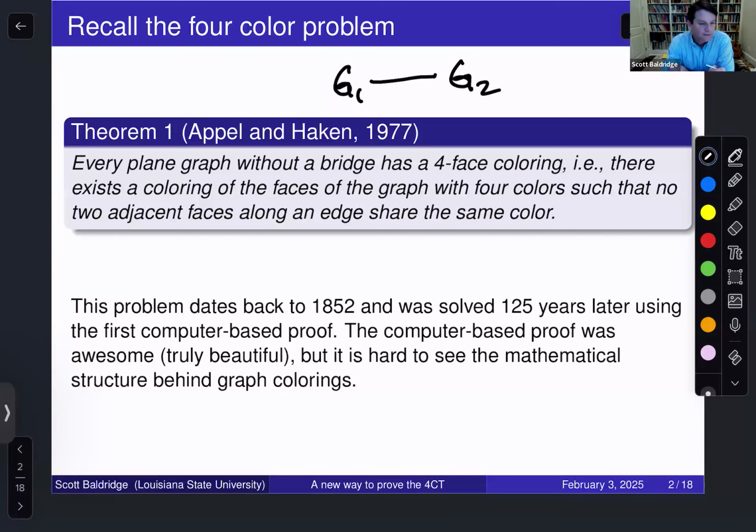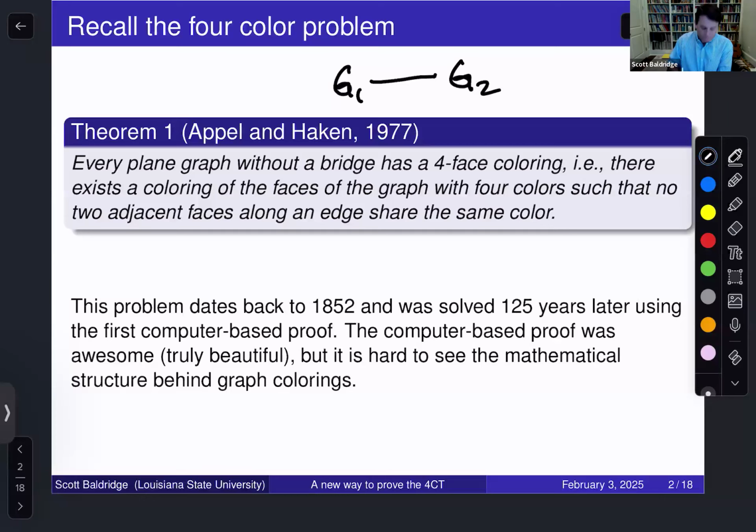It took 125 years to solve, and it was the first computer-based proof. The computer-based proof is awesome. It is truly a beautiful proof that led to the introduction of computer science and mathematics and all sorts of wonderful things. But at the same time, it gets kind of hard to see the actual structure behind what's going on underneath the engine.